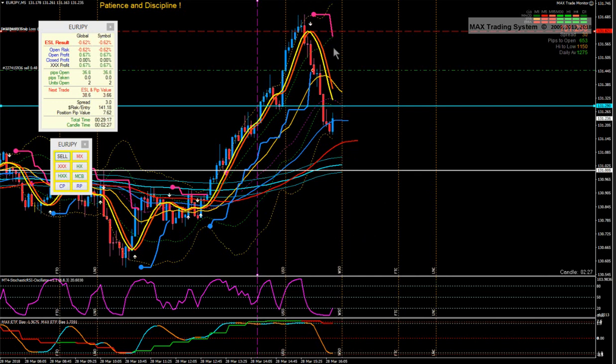Yeah, Robert, I have adjusted the stop loss, as you can see. Yeah, the version of the MAX I'm using here is what we call the MAX ETF Primer or light version. It's not the entire standard version with all the entry techniques, the exit techniques, and mainly the scaling technique.